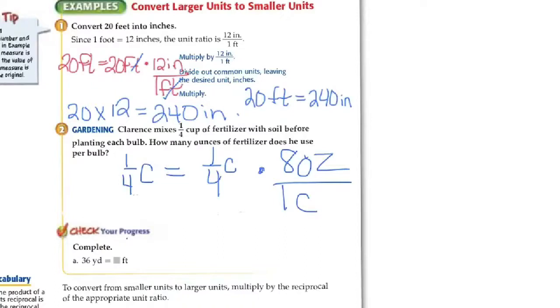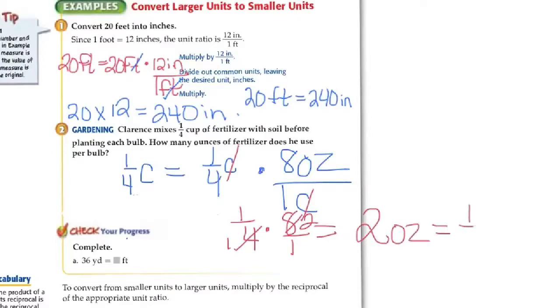Okay, we would divide out our common units, which is cups. Okay, and then we have 1/4 times 8, which equals, if we multiply this out, multiplying fractions, which we all know, we get 2 ounces is 1/4 of a cup.